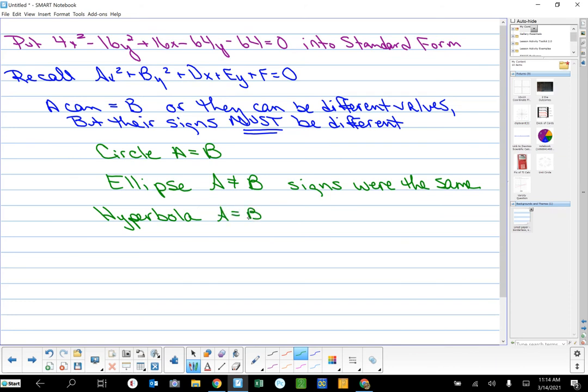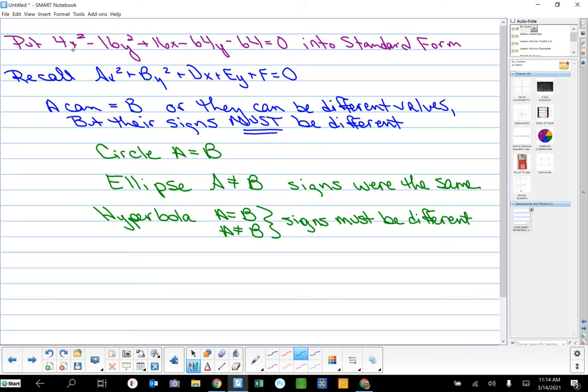A can equal b, a could not equal b, but regardless, their signs must be different. Okay, so that's how you can tell.